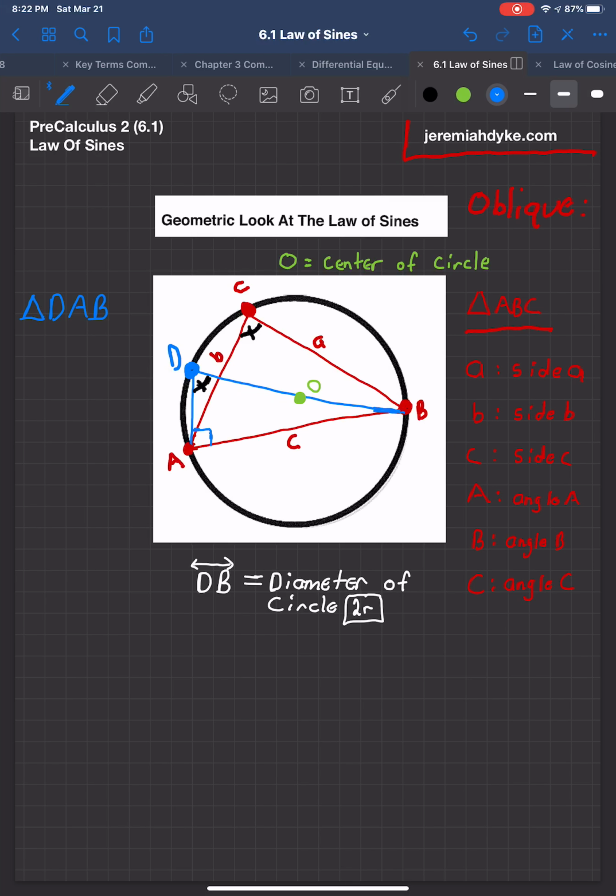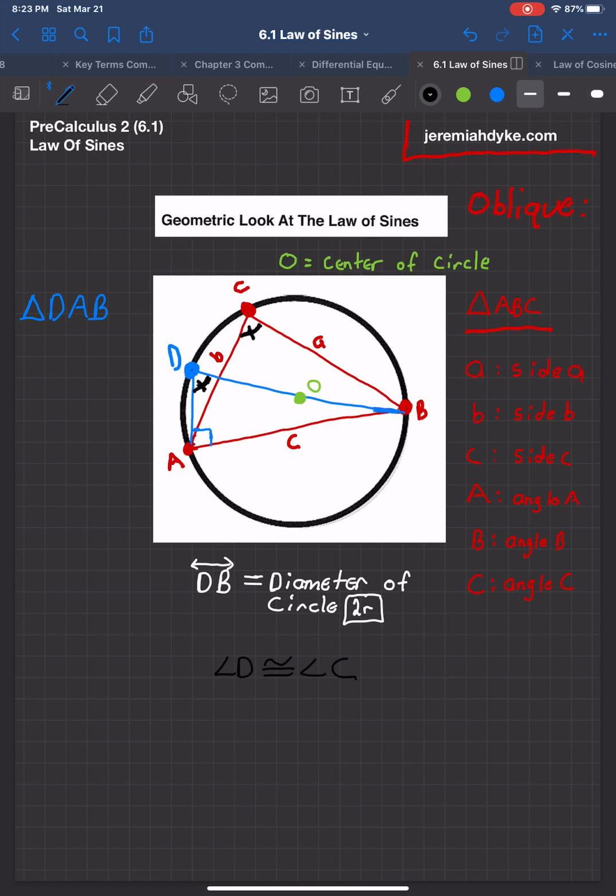Now, what I was pointing out is that angle D is congruent to angle C.